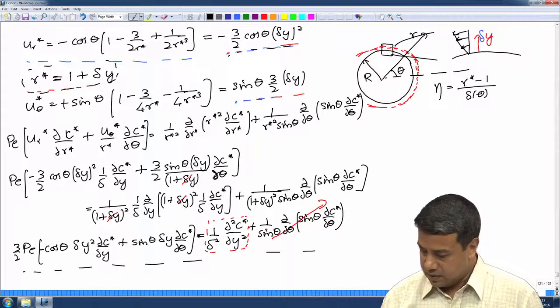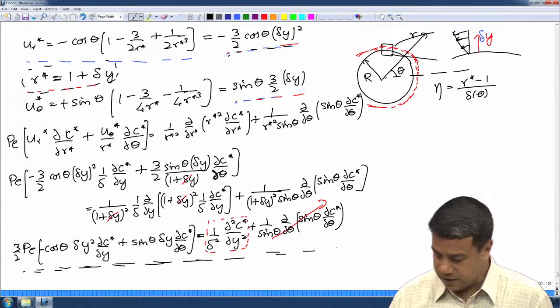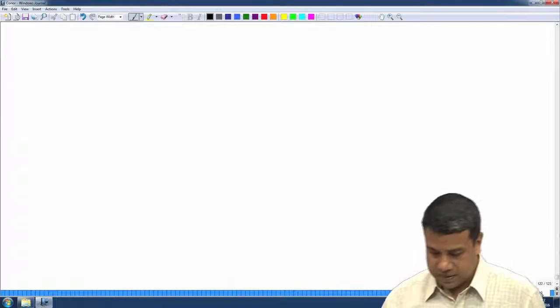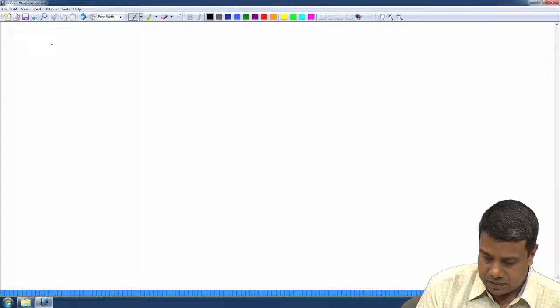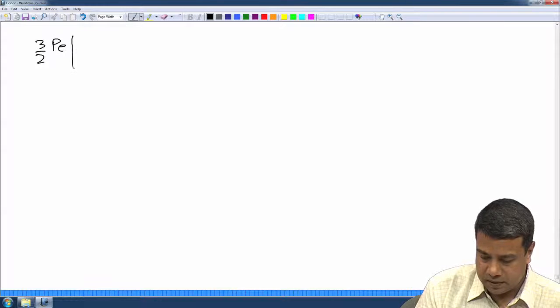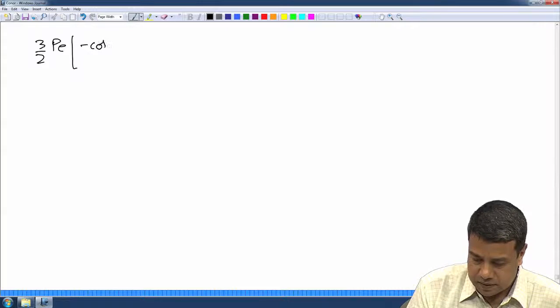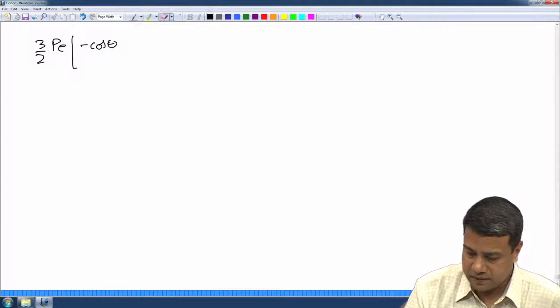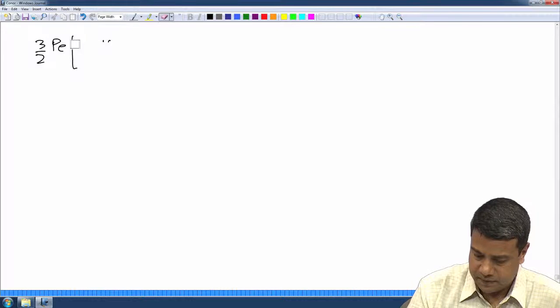So, when expressed in terms of theta, this conservation equation basically becomes 3 by 2 into the Peclet number into minus cos theta. So, first I have to write down the equations for the derivatives.